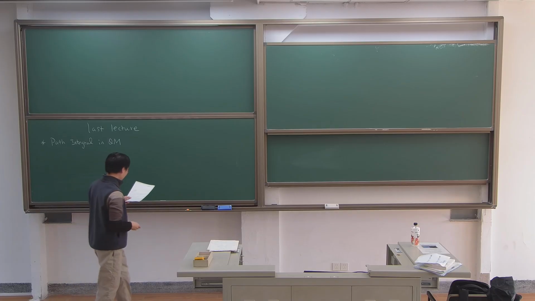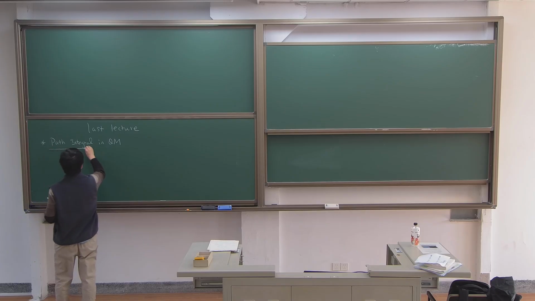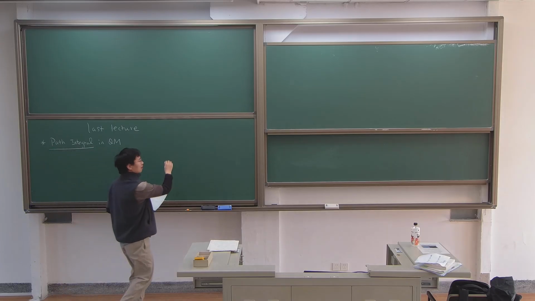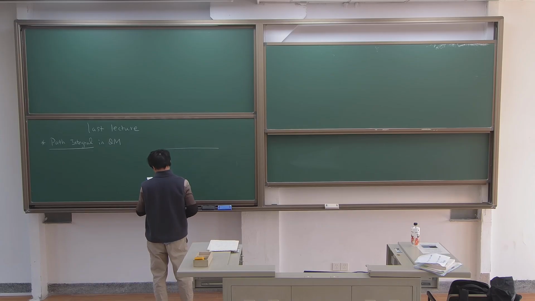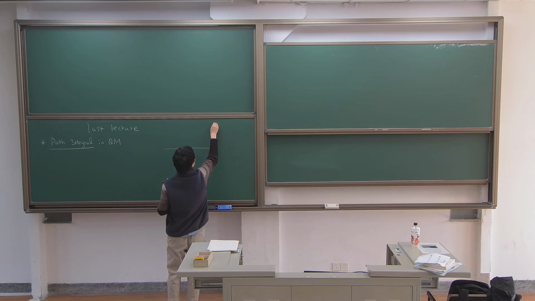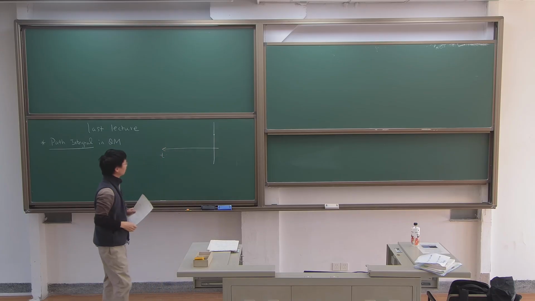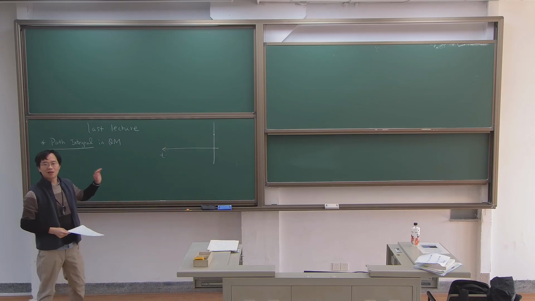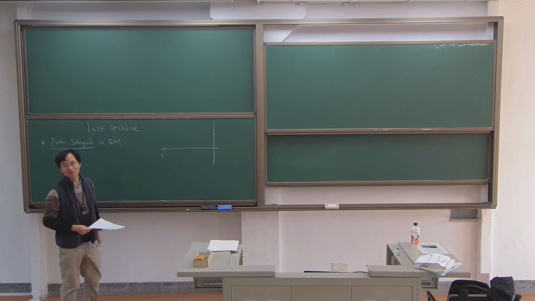So the picture to derive the path integral formulation of quantum mechanics is very, very simple. As we saw last time, this is my time direction. We will say why I choose the time direction to the left.